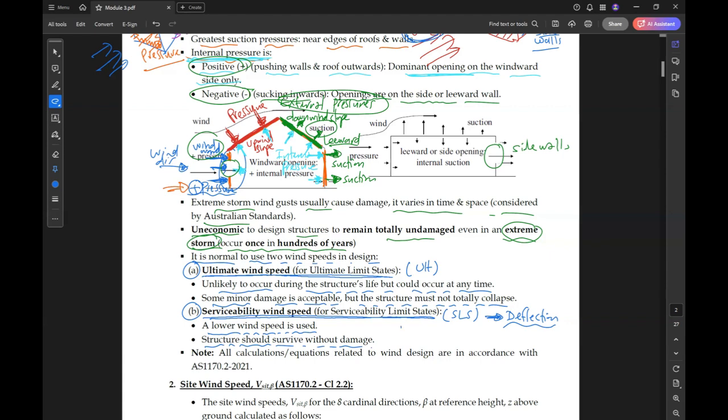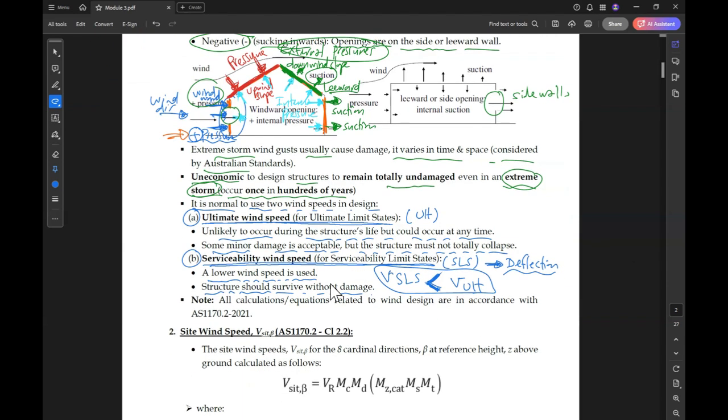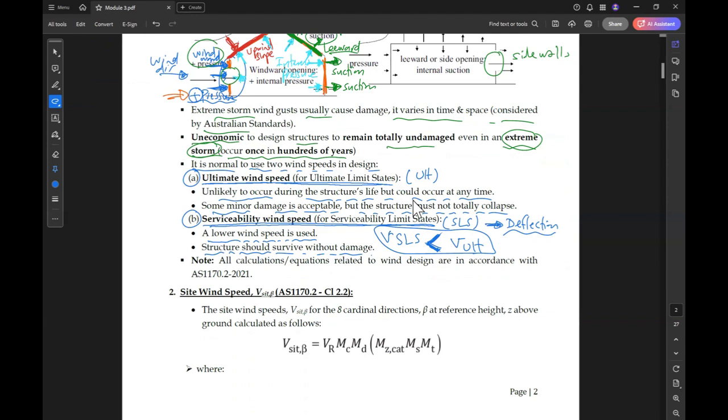So the wind speed for serviceability is less than the wind speed for ultimate. This should be kept in mind.